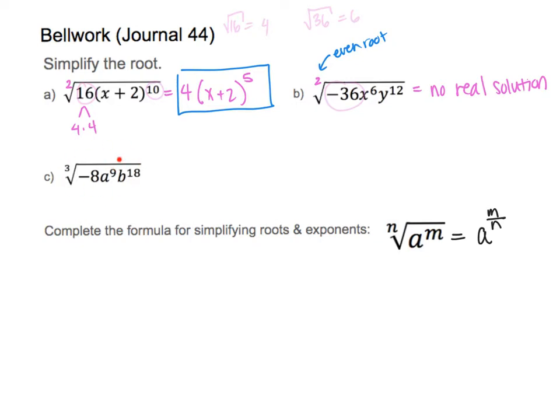And then this one here, this is a cube root, and there is a negative inside, but we said if you have an odd root, in other words, 3 is an odd number. So if you have an odd root, this is okay. You can have negative numbers inside. And the reason why is because if you just break down 8, right? 8 breaks down to 4, then 2.